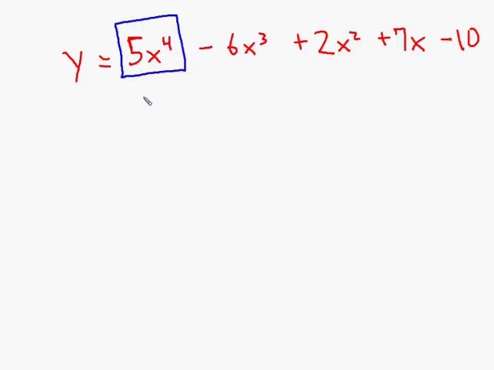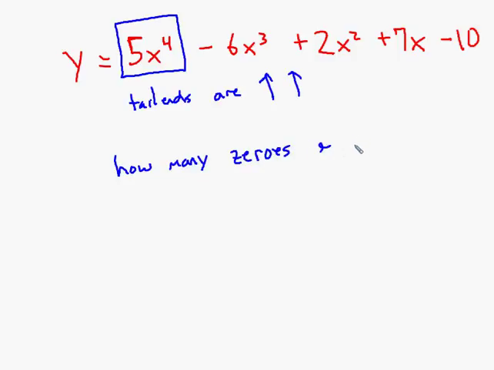So from our tail ends, my tail ends are up, up. Any questions on that? The next question I might ask is, how many zeros and extrema are there?